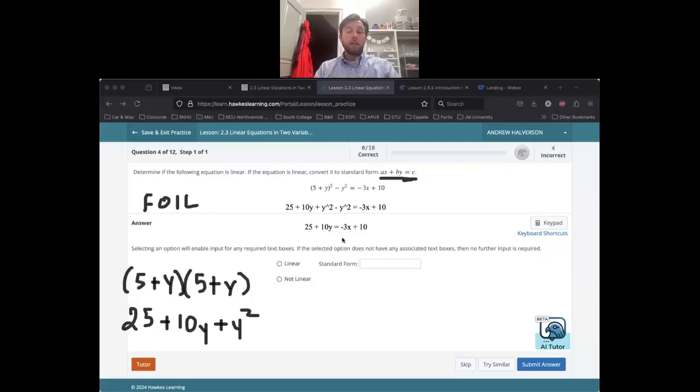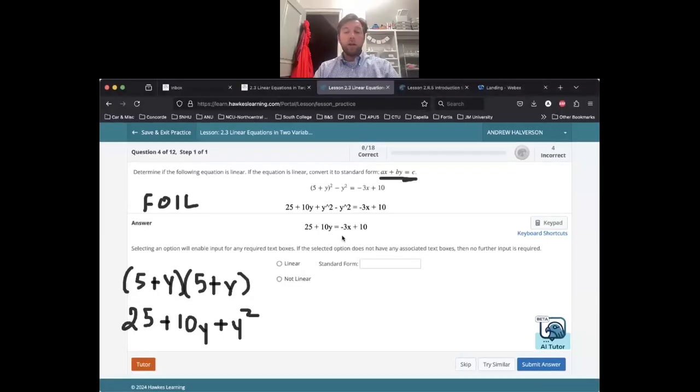I need to get this 3x term and shift it over to the left side. And what else do I need to do? I need to get this 25 and shift it over to the other side. So I need variables to the left, numbers to the right. It's basically your process for solving equations.